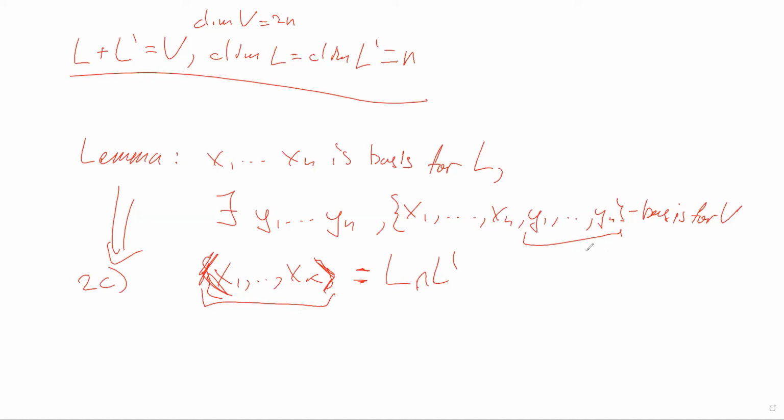And now I continue this to a symplectic basis for the whole V. And now the problem is that the basis for L prime looks like x1, etc., xk, and then some linear combinations of this.